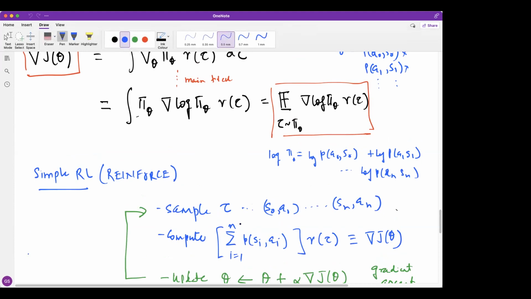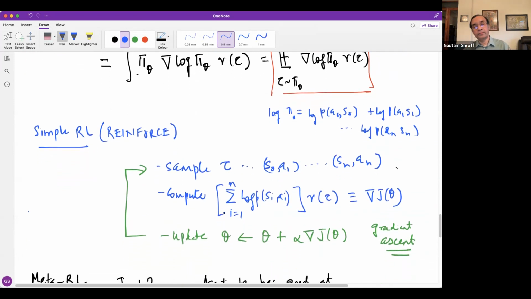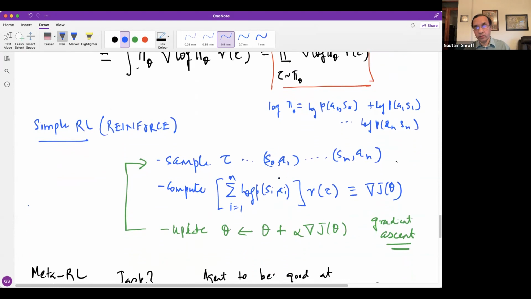This was simply a writing error at the end of the class. So this is going to be log P of s_i, a_i. And then we compute this for an episode, update, and go on.